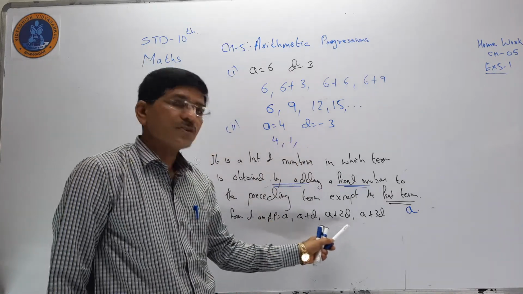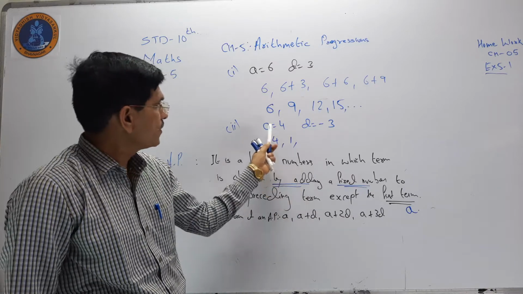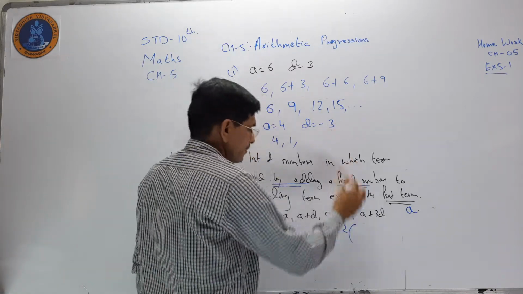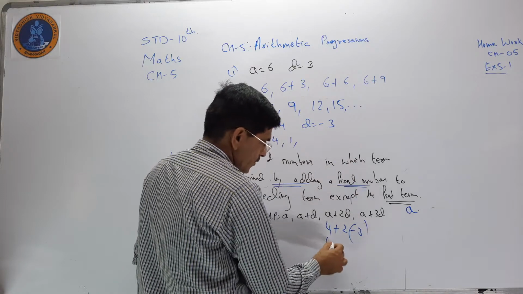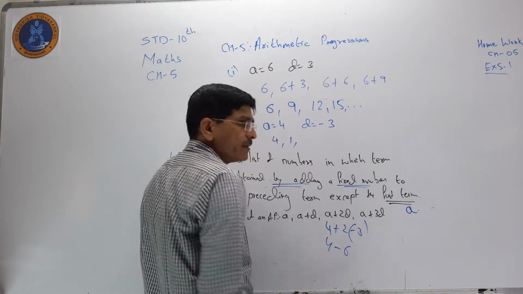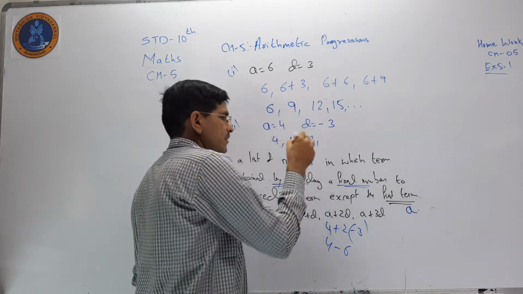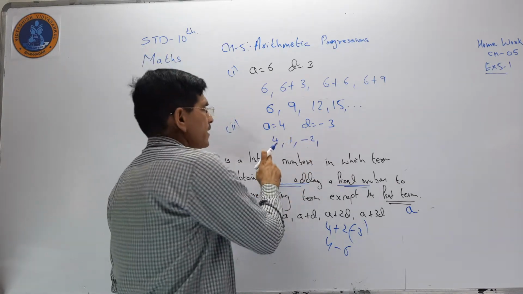Now A plus 2D, so A is 4, D is minus 3, so 4 minus 6, that is minus 2.